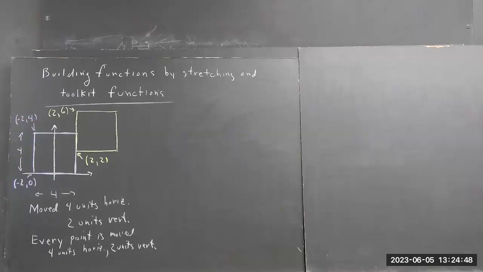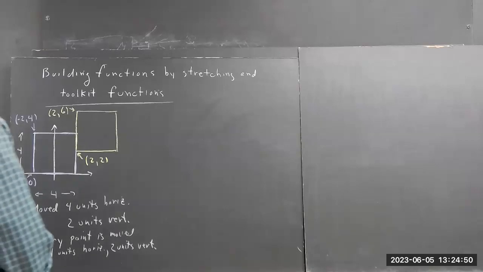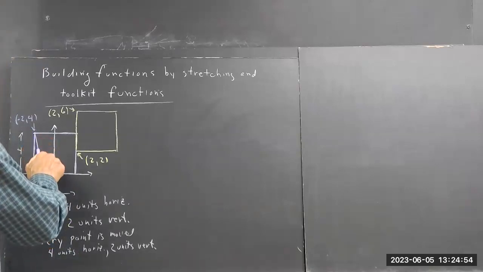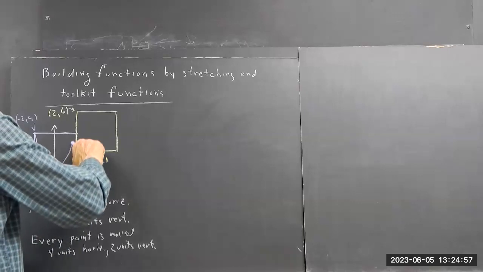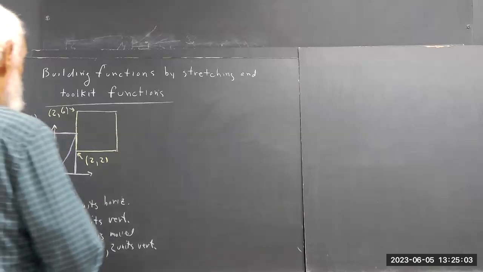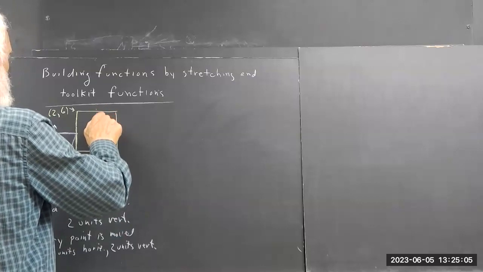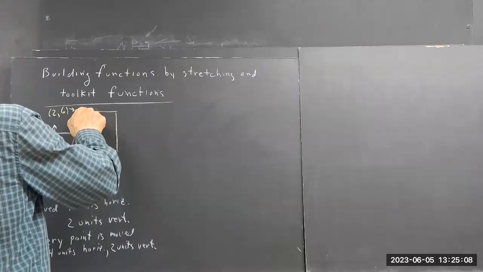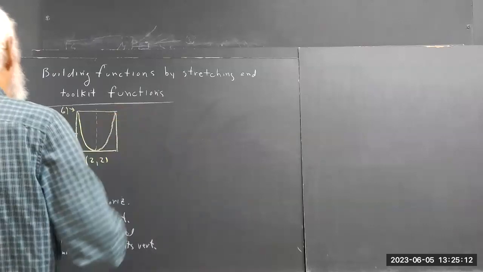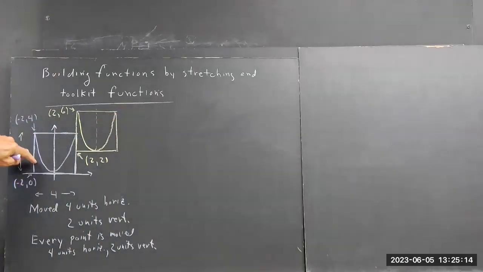If inside of this box we constructed one of our toolkit functions, for example, the toolkit squaring function, then here's the approximate graph of that function. And I'm going to sketch my axis of symmetry to keep myself fairly honest. And every point of this graph will have been moved 4 units this way and 2 units this way.